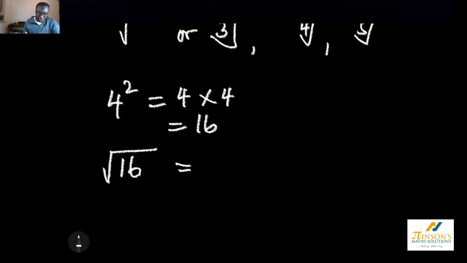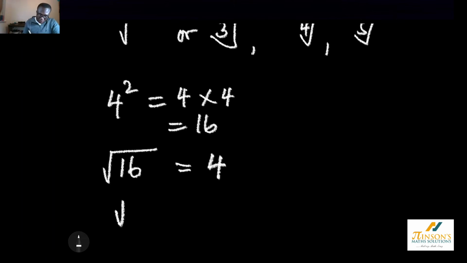So I'll check, was it 2? 2 times 2 is 4, so it's definitely not 2. Was it 3? 3 times 3 is 9. It's definitely not 3. Was it 4? Oh yes, 4 times 4 was 16. Therefore, the number that I squared to get 16 was 4. So the square root of 16 is 4.